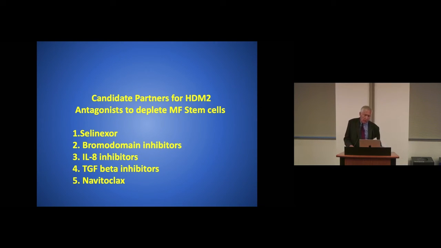Now we have other candidate partners for MDM2 antagonists that further upregulate p53 in myelofibrosis. And I think the most exciting ones are basically selinexor, which is a drug that keeps p53 in the nucleus, and also these bromodomain inhibitors, in addition to an inhibitor of anti-apoptotic proteins.